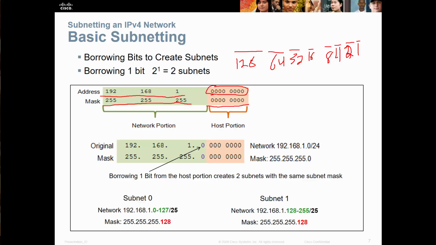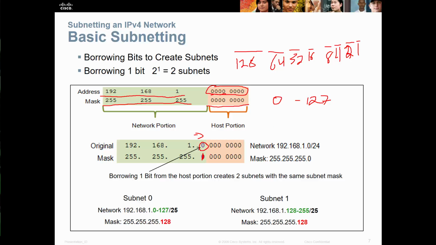Each one of those zeros corresponds to a spot. If we move 1 spot to the right, if we change that to a 1, we borrow 1 bit. We now can take that and we can have that as a range. That is a group of 128 because that's in the 8th spot. So this new subnet will be between 0 and 127. That's 128 spots.